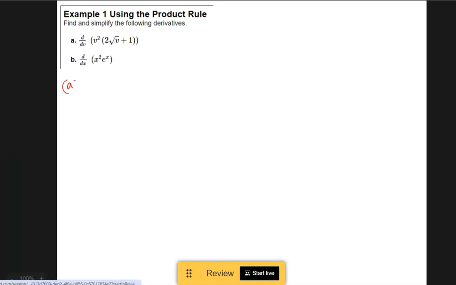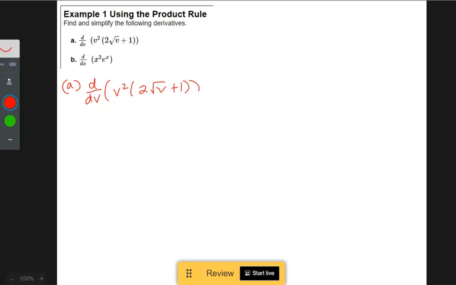So on A. All right, so it's helpful to figure out what your f of x and g of x are. So this v squared, that's what I would say my f of x is.